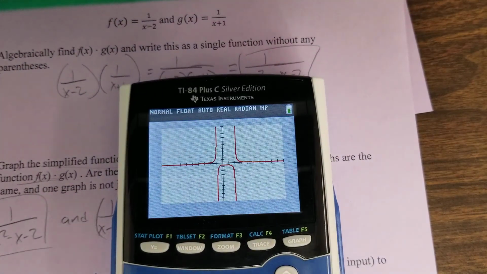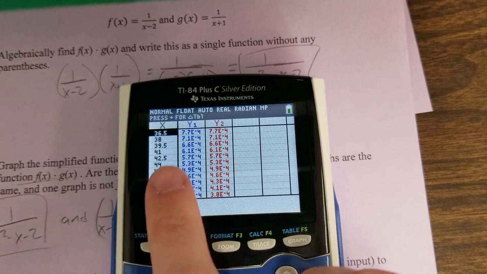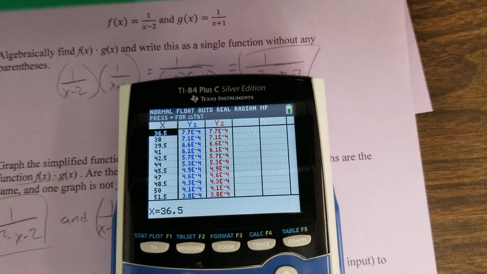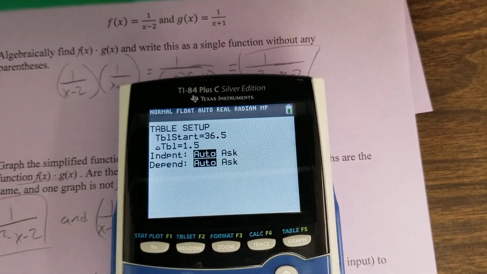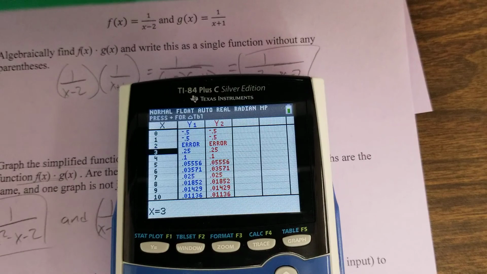Because I had a colored graphing calculator, we saw it trace over. But when I hit second graph, I get a table, and we can see that both sides are still the same. If I change my table settings so it's back at 0 and just have it count by ones, I see they match again more closely.